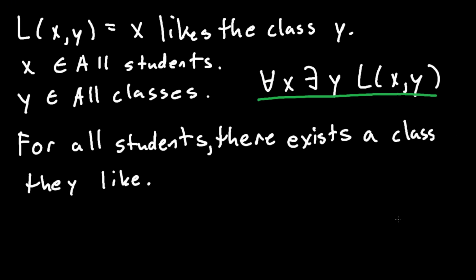Why did I write classes? But there exists a class they like. Okay? Think about that. Now, there's really no sample here that you can interpret, so I can't really give you anything for this, but I'm just trying to interpret the statement here. For all students, there exists a class they like. Hopefully, all students like at least one class.